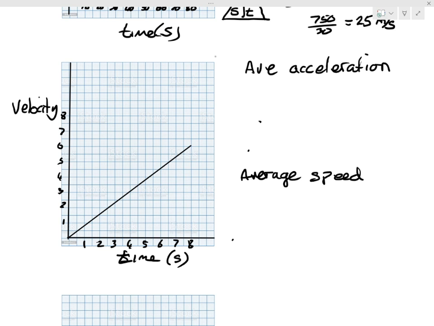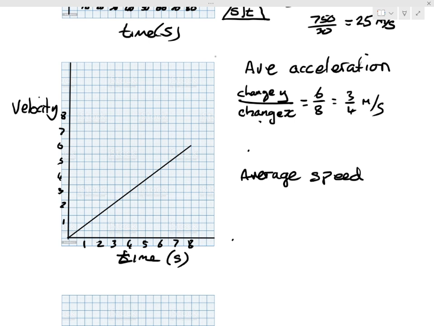The acceleration is done by the change in y over the change in x. The gradient is what we're working out here. The change in y is 6, the change in x is 8, so that equals 3/4 of a meter per second, the acceleration.